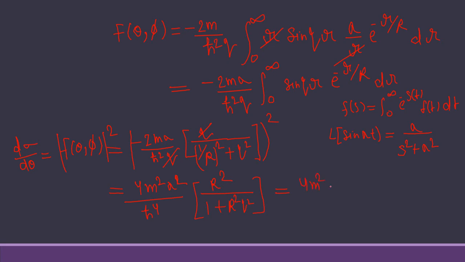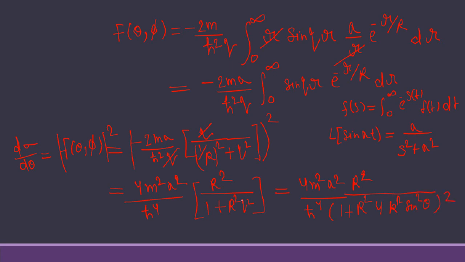So what you will get, 4m square a square h cross to the power 4, R square upon 1 plus R square 4k square sin square theta.